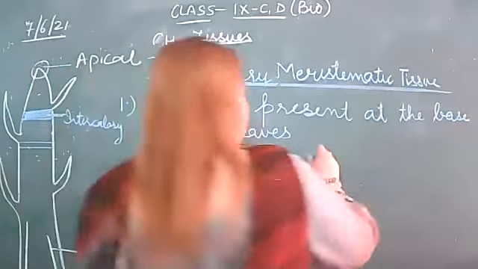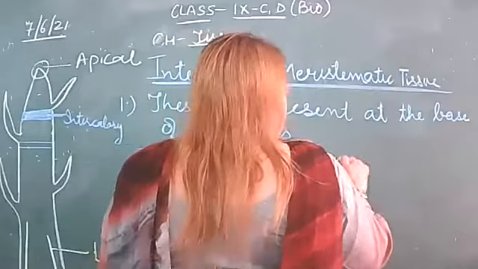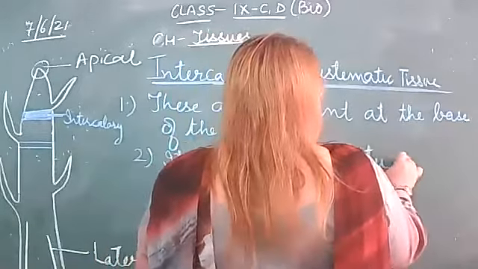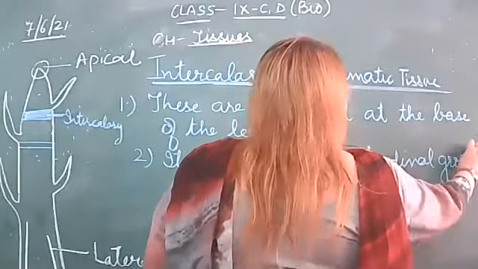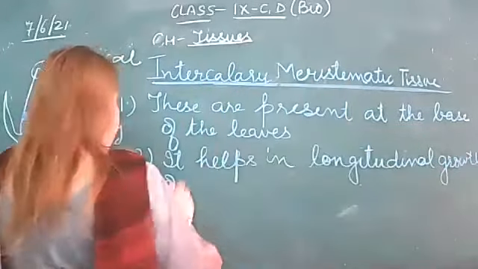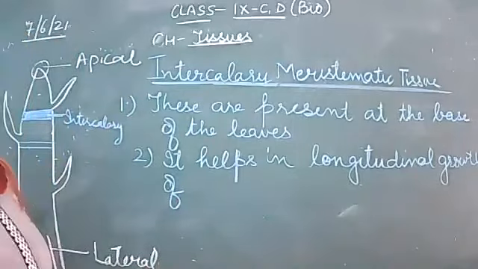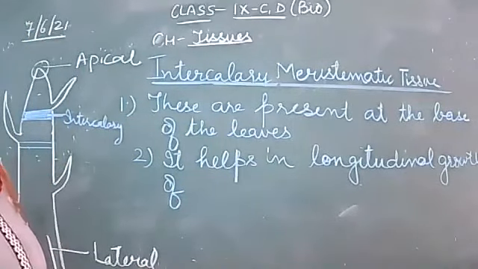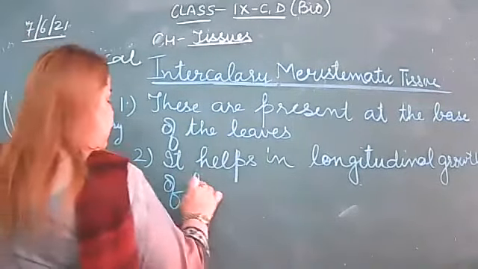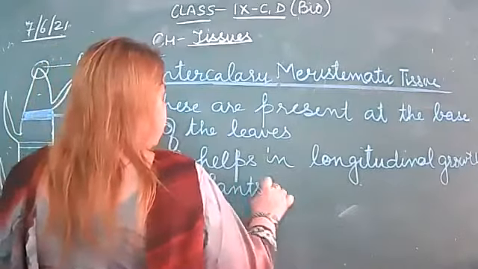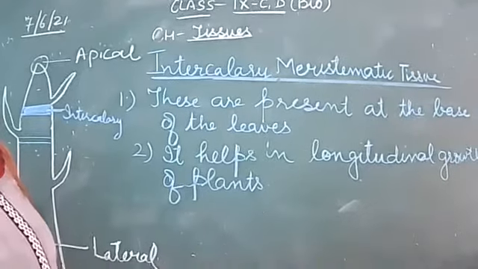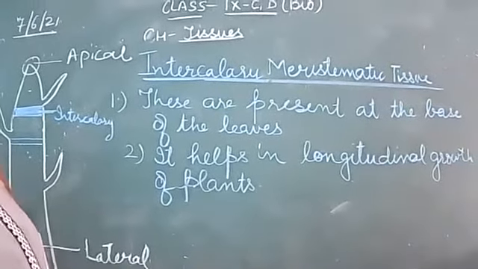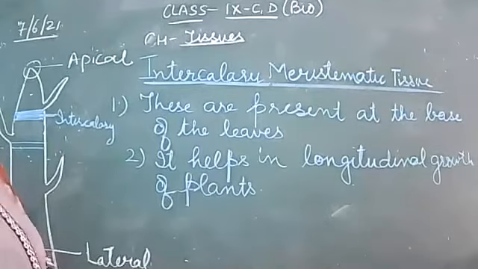Longitudinal growth of plants. That means leaves and branches. Is it clear, bete? Growth of leaves and branches.